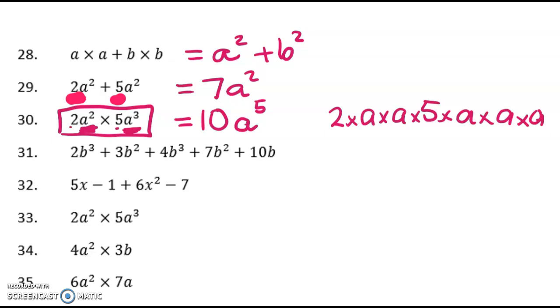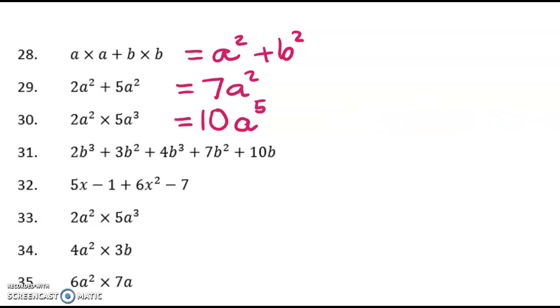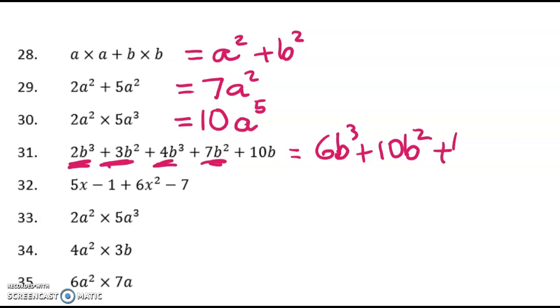Okay, in the next one, we've got some terms that can be combined and some terms that can't be combined. So the cubes go together, we get 6b cubed. The squares go together, so we get 10b squared, and then we get plus 10b.